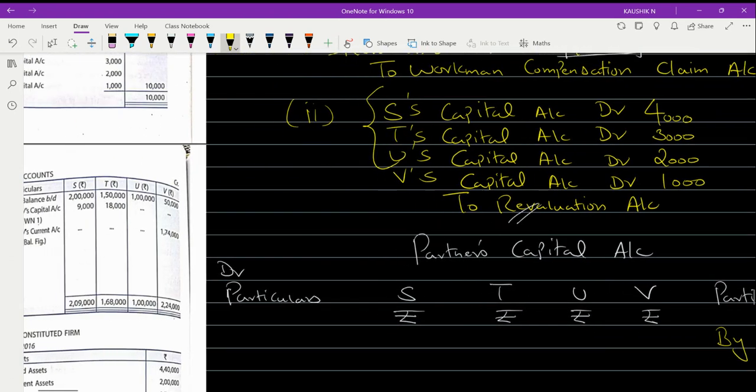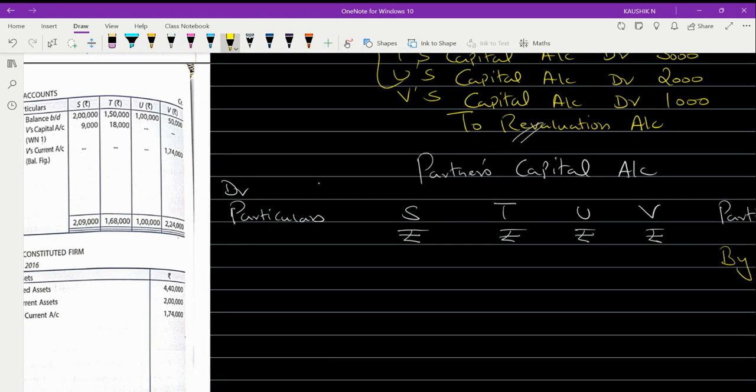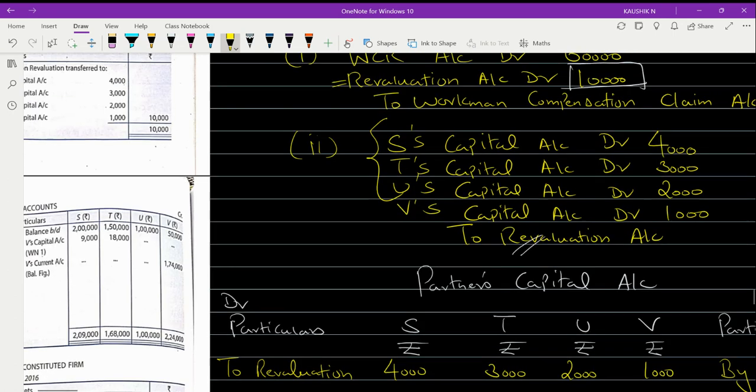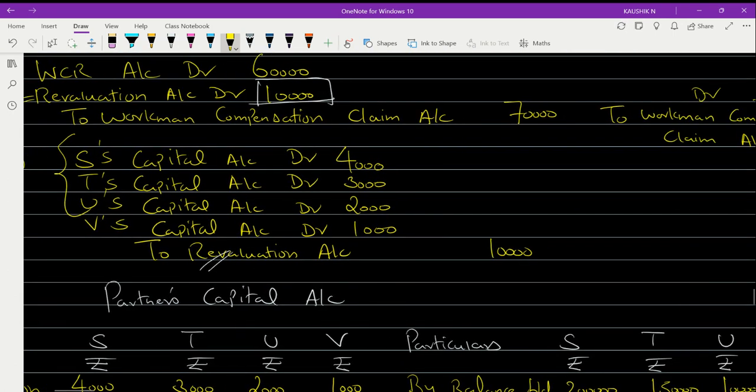So in the partners' capital account, you will be recording the revaluation values of rupees 4, 3, 2, 1. So I have brought this into the picture.